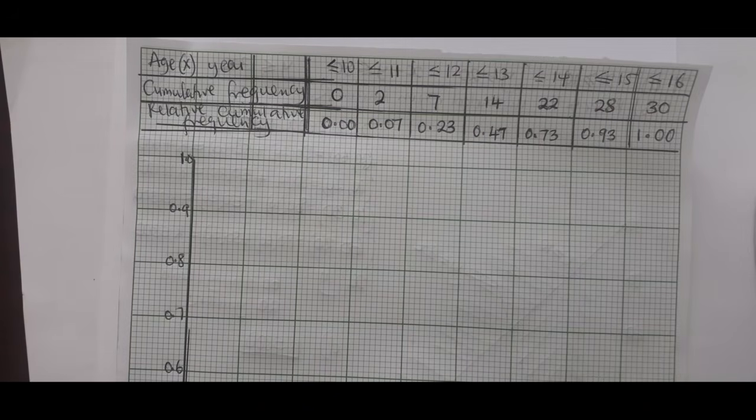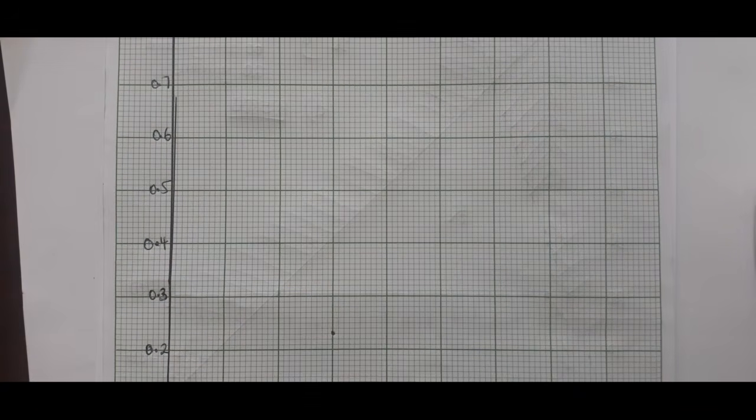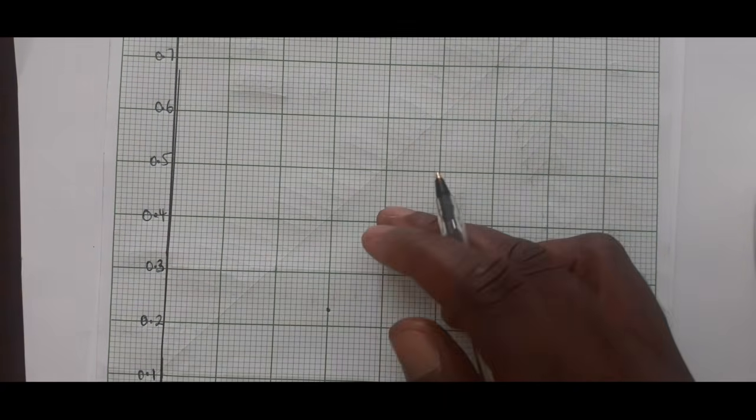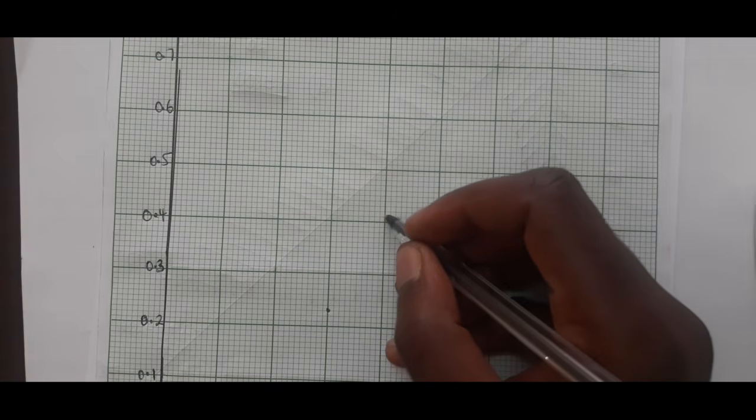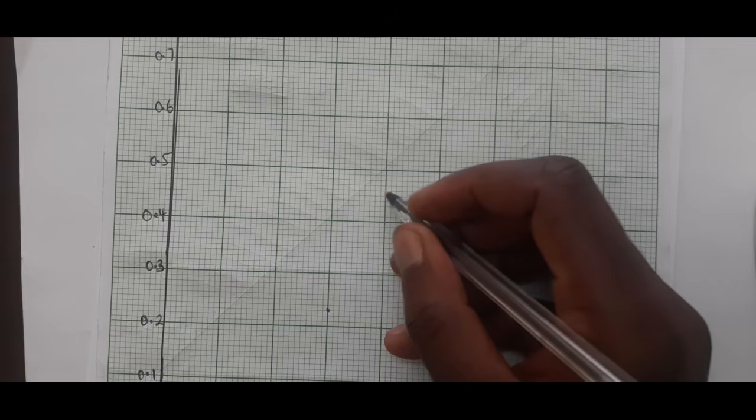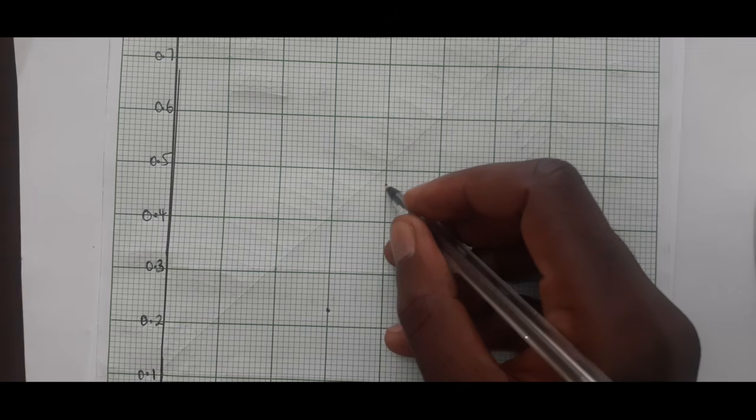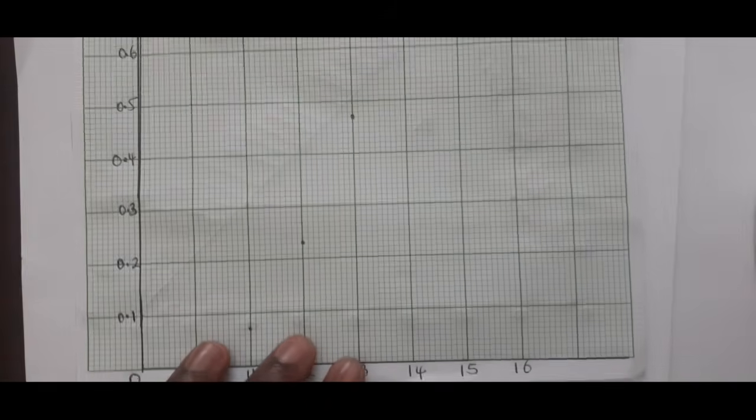Then 13, 0.47, 1, 2, 3, 4, 5, 6, 7, this one.